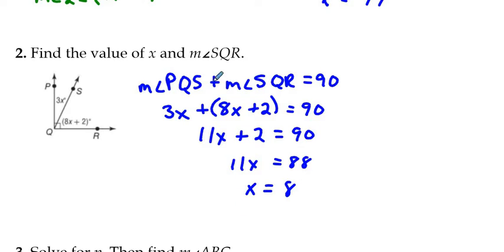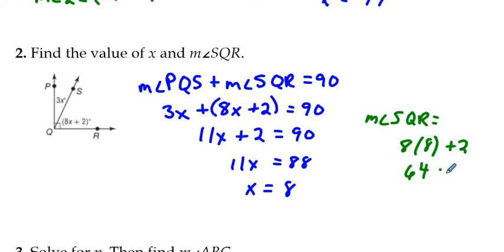Then the last part, find the measure of angle SQR. That's this angle measure right here. Measure of angle SQR, that's going to be 8 times 8 plus 2. 8 times 8 is 64. Plus 2 degrees is 66 degrees.